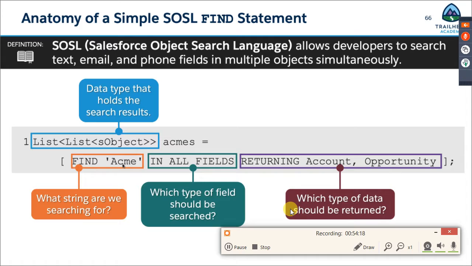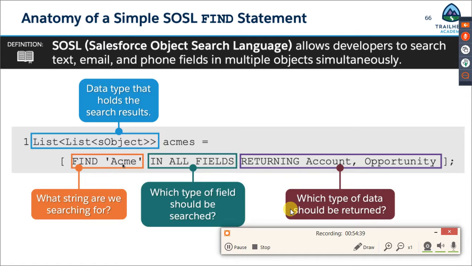ACME Incorporated, the company name is ACME, that will also be found. ACME, oh, actually, the company ACME is a really cool company, that would also be found. So it will find any words that match the word that you are looking for.